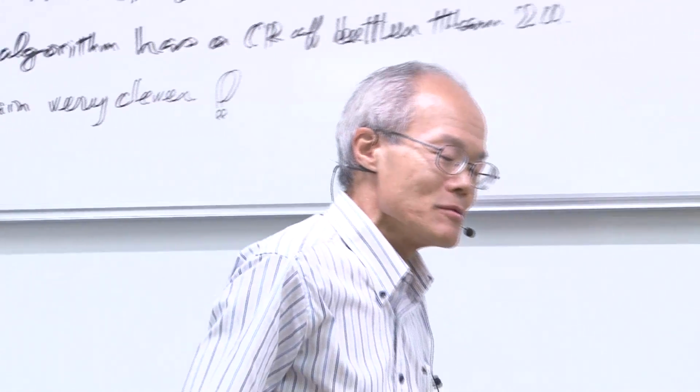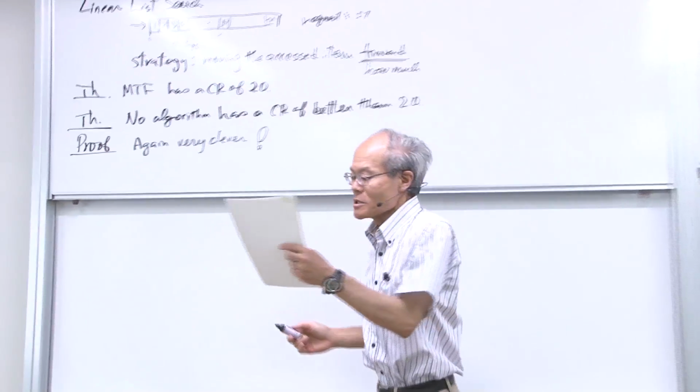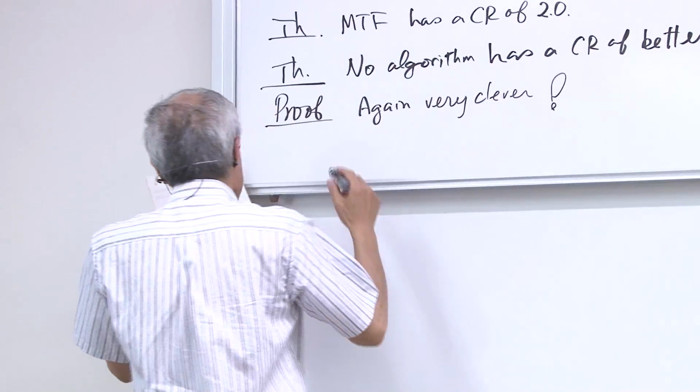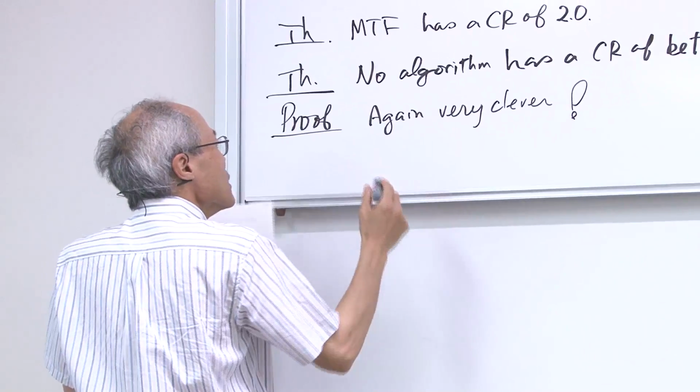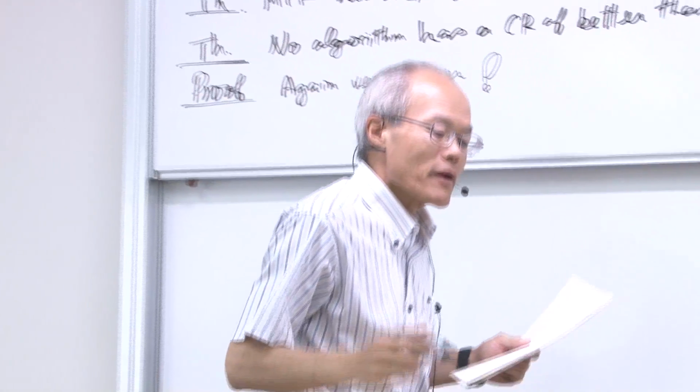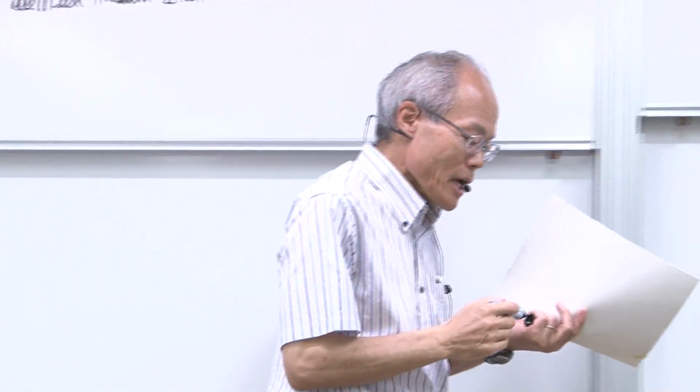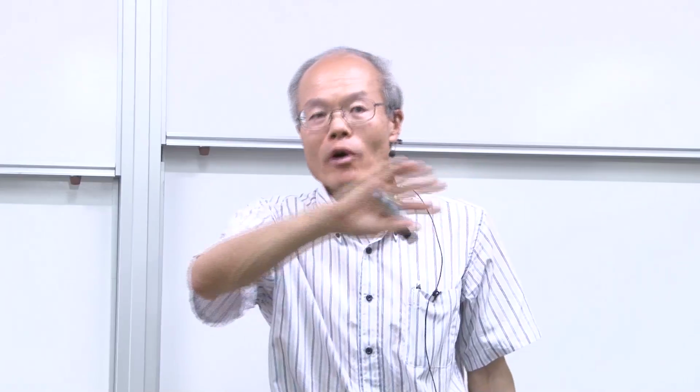What we'd like to prove is that for any algorithm, there is a bad input, a bad request sequence, such that the algorithm does not work very well for that input. That is our basic idea.